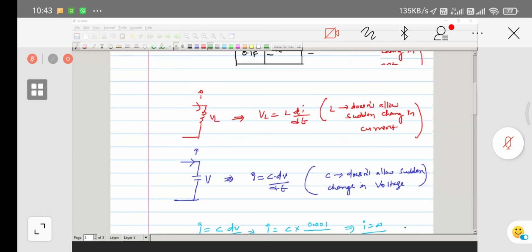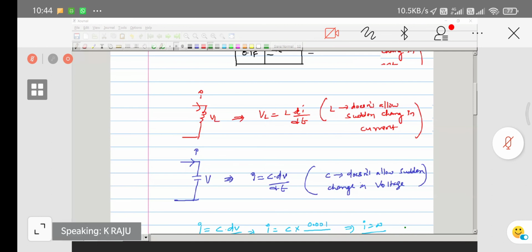So this Vc of t is given by V of 0, the initial voltage across the capacitor, and e to the power of minus t by tau. Tau equals R equivalent into C, so here you can get 0.4. Vc of t is given by the initial condition Vc of 0 equal 15 volts, and e to the power of minus t by 0.4 seconds.